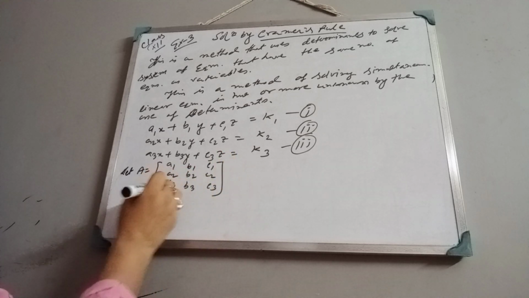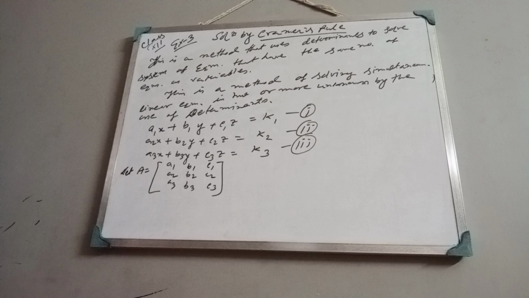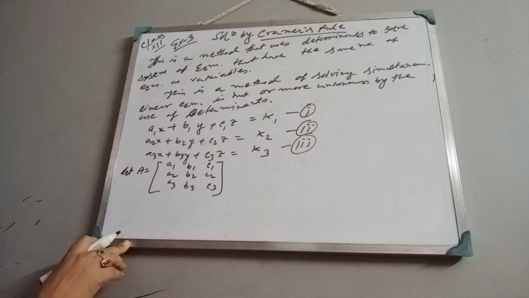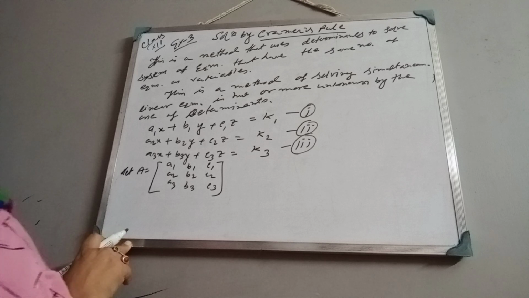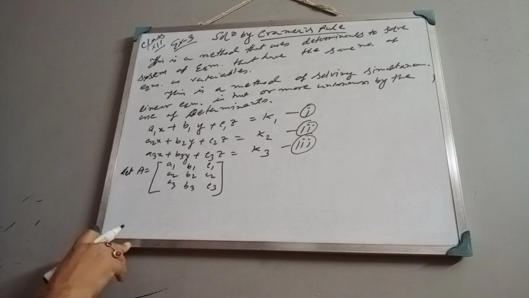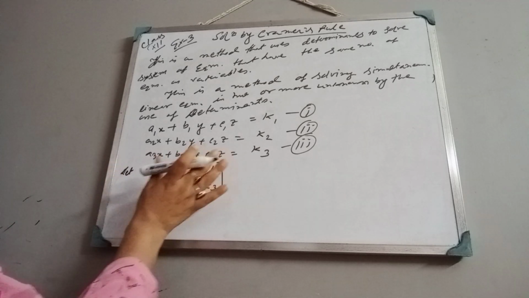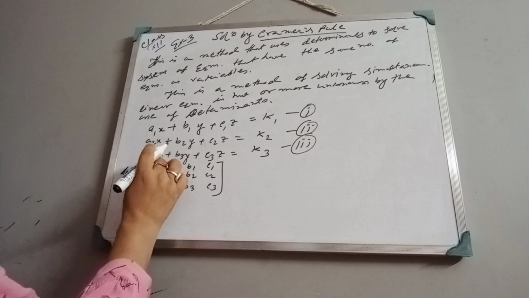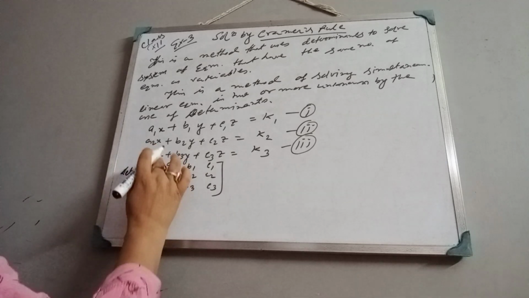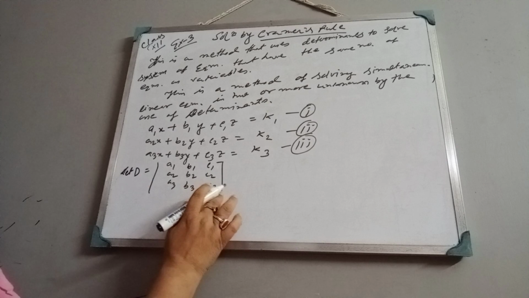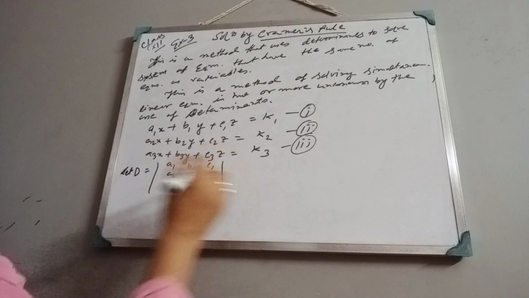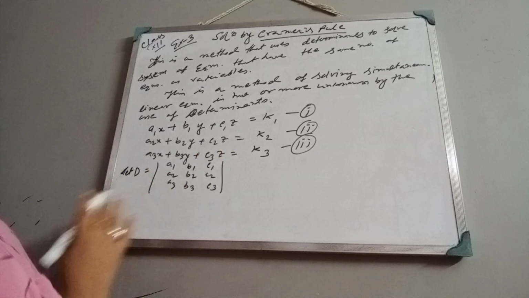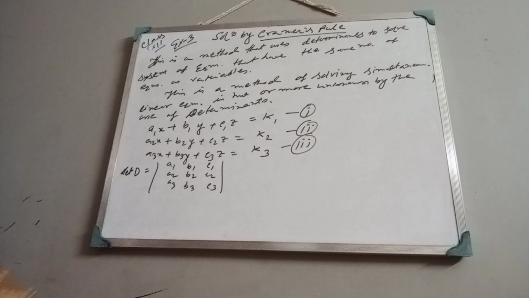This is the coefficient matrix A. Here we will not write the matrix form, we will write it in the form of determinant. Let its determinant be D equals to this. Okay.